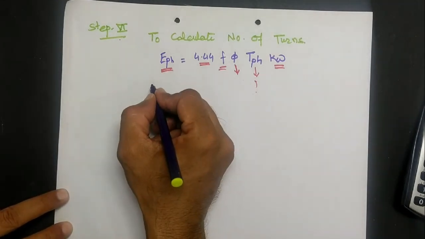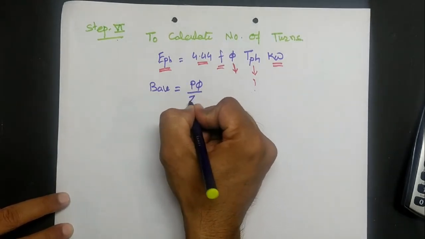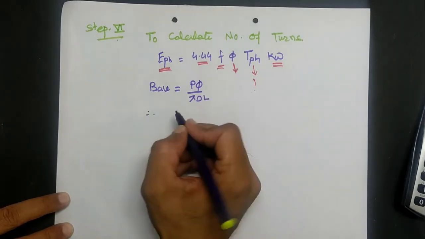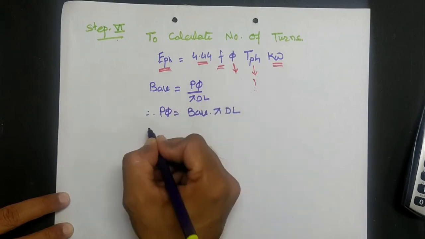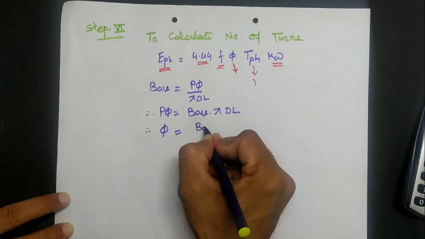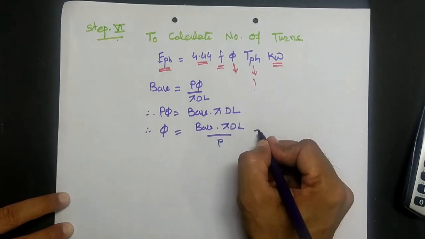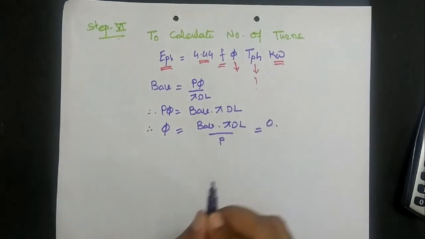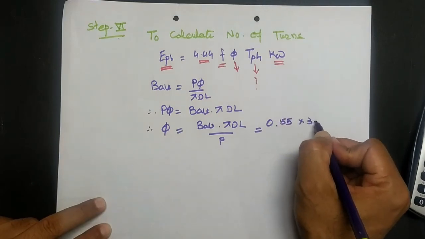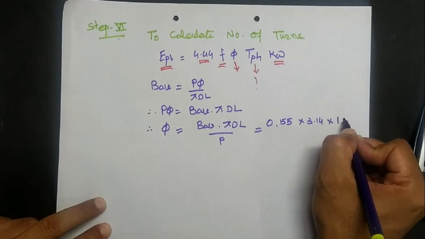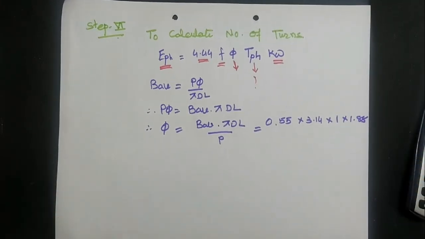To find the flux, we have one equation, that is specific magnetic loading, that is phi divided by pi D L. Therefore phi is B average multiplied by pi D L, and therefore flux phi is B average multiplied by pi D L and divided by P. So if we substitute values, B average is given as 0.55, multiplied by 3.14 multiplied by D that is 1 and multiplied by 1.88, that is our length.